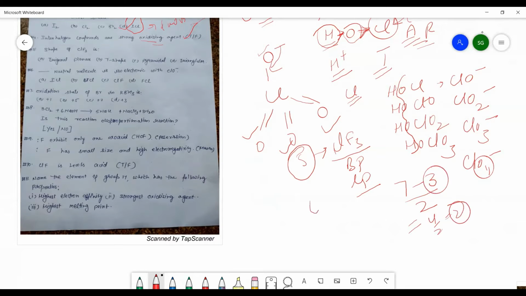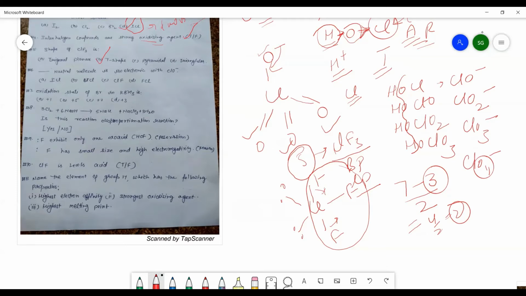The shape of ClF3 is like this: these two equatorial positions are occupied by the lone pairs of electrons and the 3 positions are occupied by the fluorine. Now you can easily see that the shape of ClF3 is T shape, which is slightly bent like this. The bond angle is different from the normal trigonal bipyramidal shape, but the shape is T shape. So option B is right for this question.